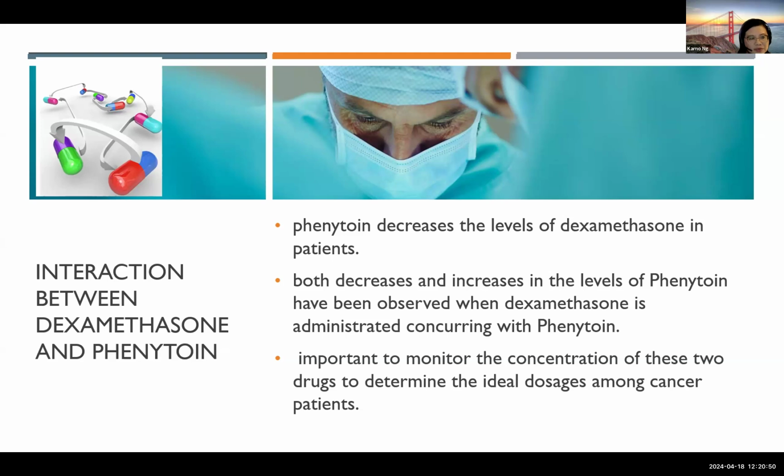Because of this observed interaction between these two drugs, and because they are given concurrently to cancer patients, it is very important to monitor the concentration of both in order to make sure that the effective and ideal dose is given to the cancer patients without any adverse effect.